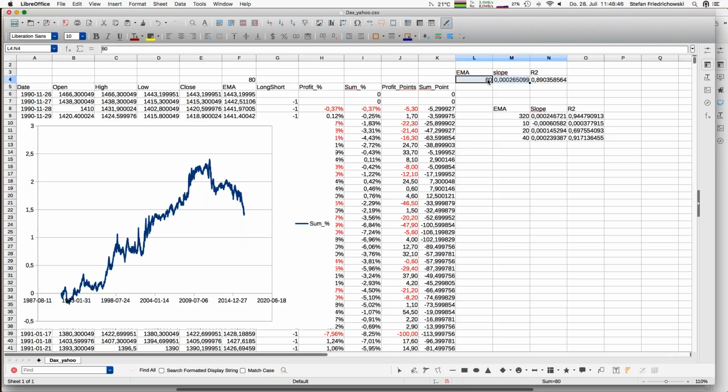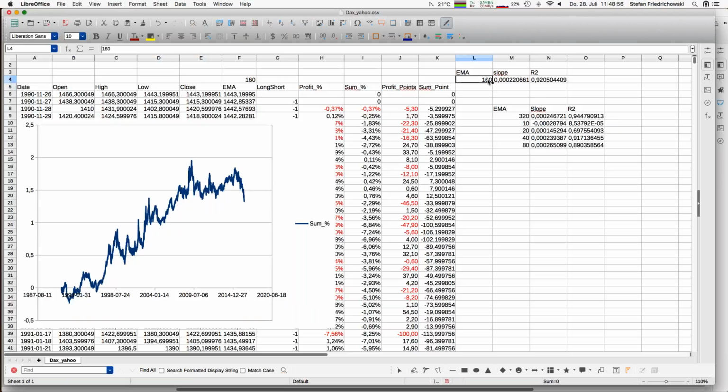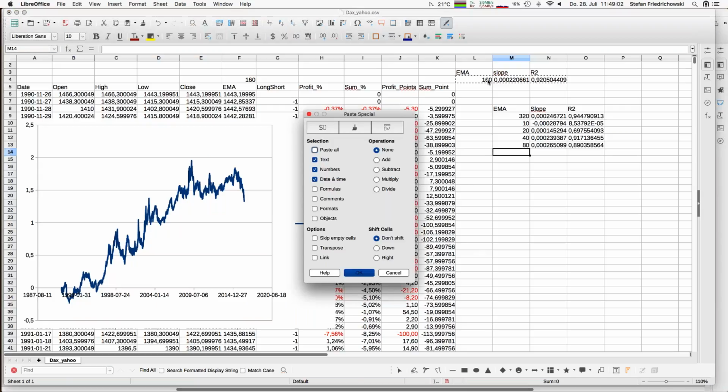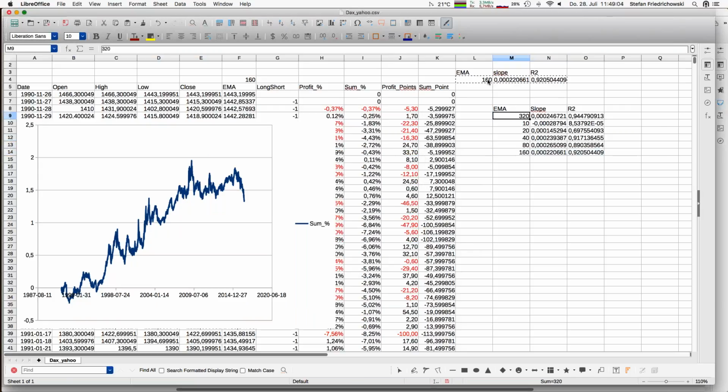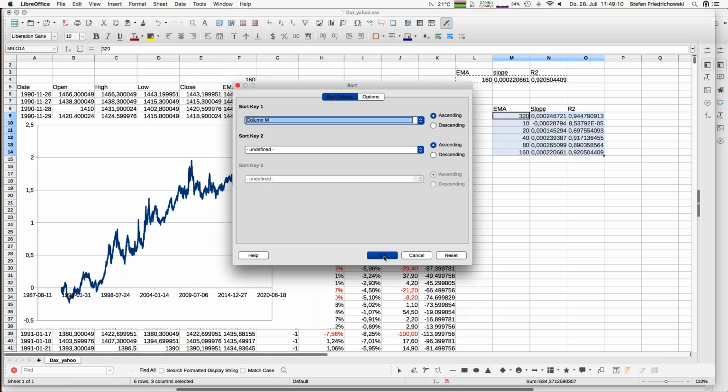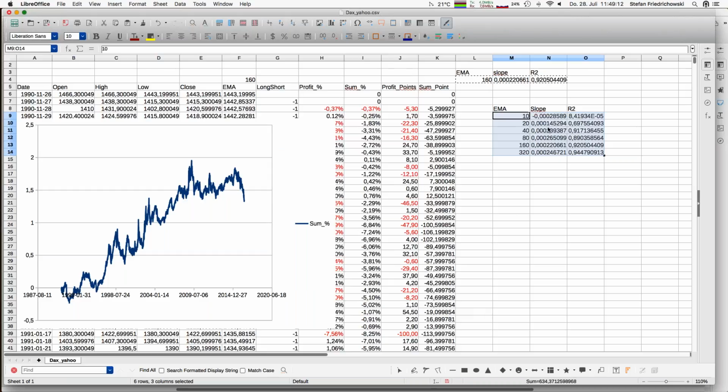And then you will see in a minute how the picture will look like. Because what we will do then is plot the EMA value. Let's sort them. The EMA value versus the slope.